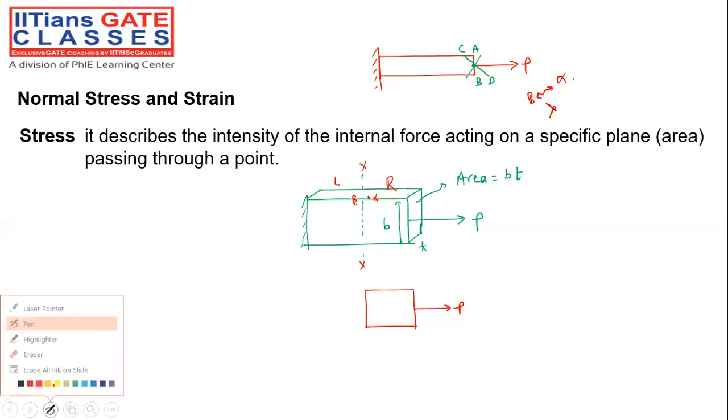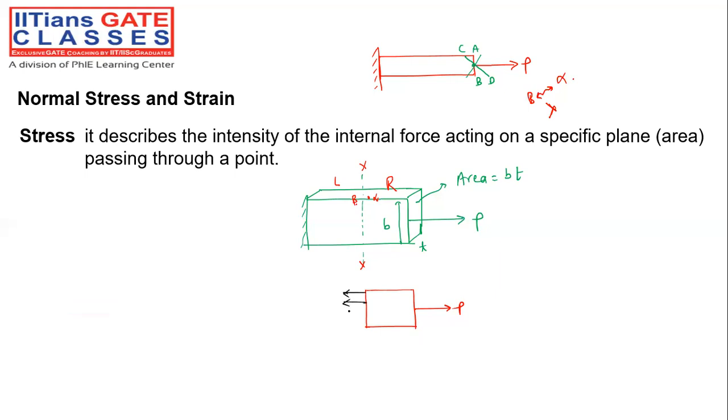Now if I draw the free body diagram of this section, some internal resistant force will be developed. Let me call this R, the internal resisting force. Why does the material develop an internal resistant force?